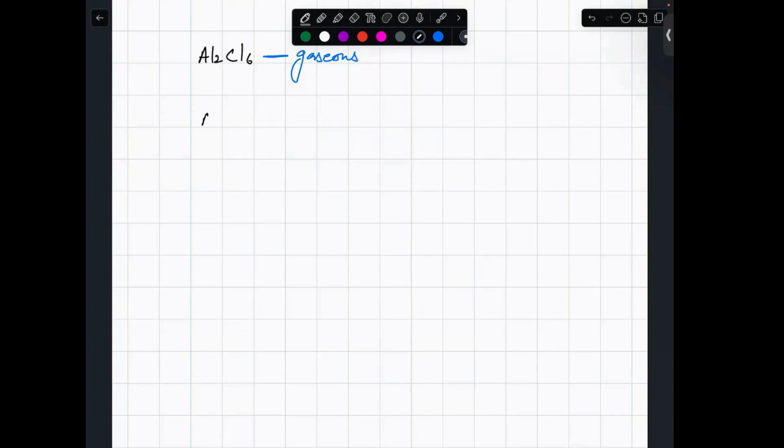This is one aluminium chloride. This is another aluminium chloride. They combine together, making what? Al2Cl6. This is aluminium of group 3, right? It has 3 chlorine.